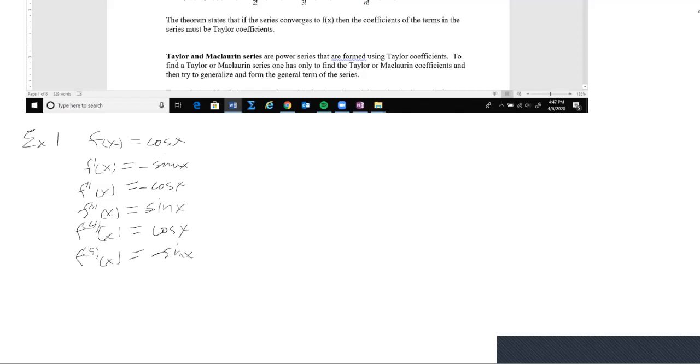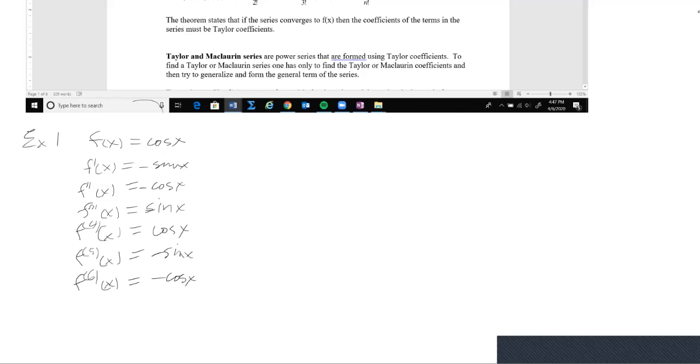And we'll start with f prime, which is negative sine, f double prime would be negative cosine, triple prime would be sine, and the fourth derivative would be cosine, the fifth derivative negative sine, the sixth derivative would be negative cosine.